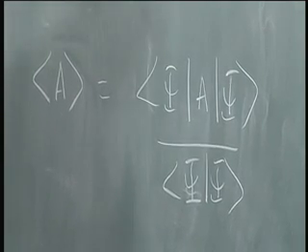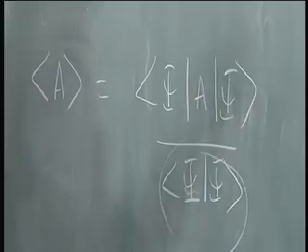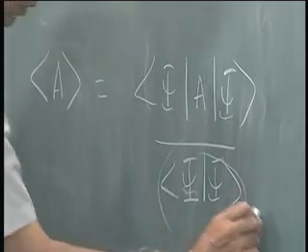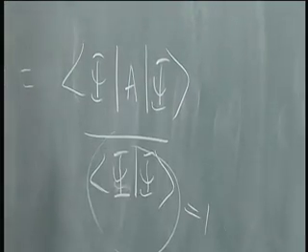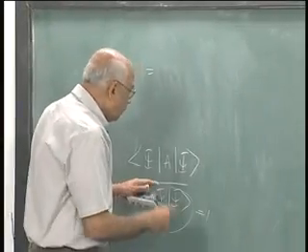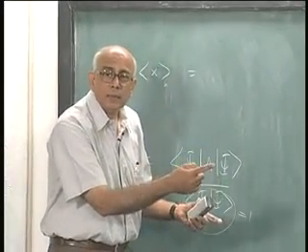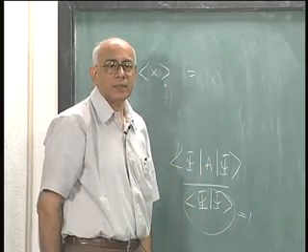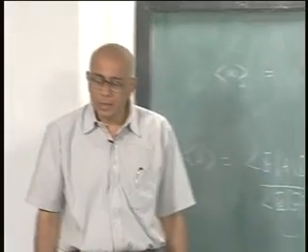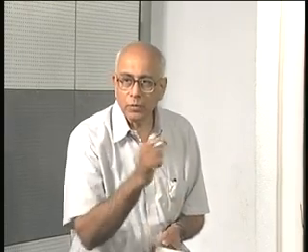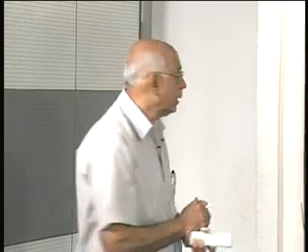The denominator is always normalized to unity, all our eigenstates are normalized to unity. The numerator is what we have got to compute. It is time independent because you are in a stationary state. The average value of any physical quantity not explicitly time dependent is constant in a stationary state. That is the whole reason for calling it a stationary state.